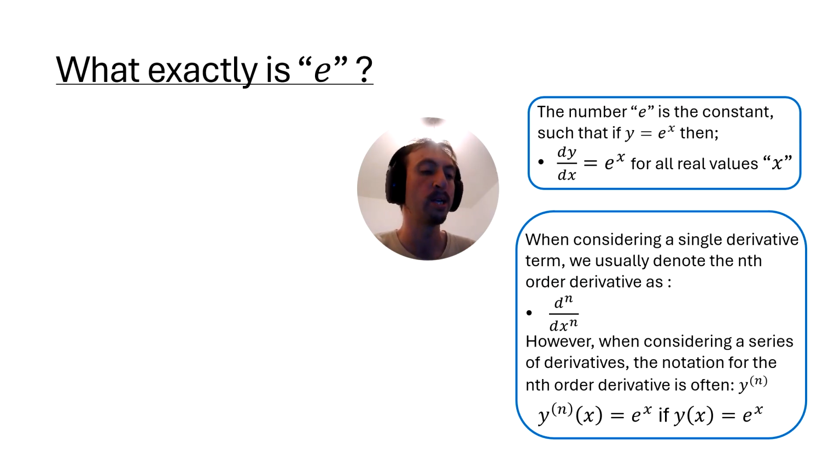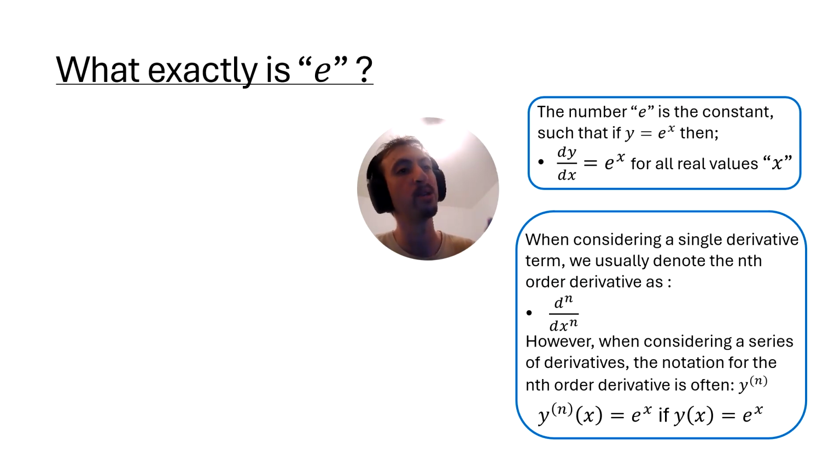Now we put brackets there to emphasize that we mean the nth derivative of y. We don't mean we're applying the function y n times to our input x. So the brackets indicate that we're taking some derivative of y. And we use that notation when we look at a Taylor series to get a good numerical approximation for e.